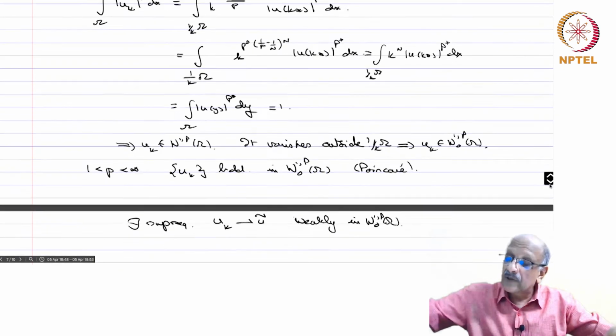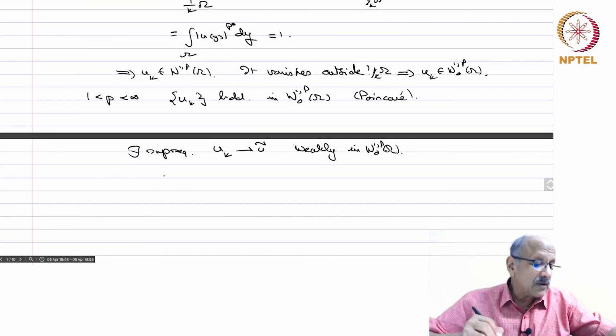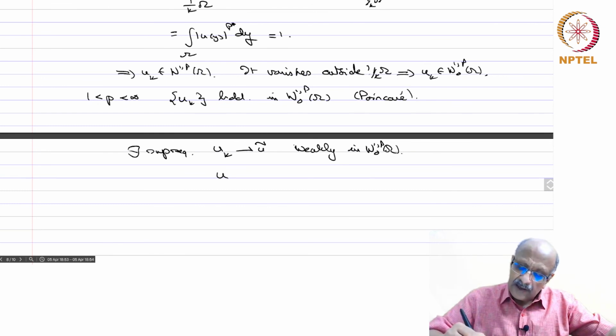If you have a bounded sequence in a reflexive space, then you have this. And by Rellich-Kondrachov, this converges to u tilde in L^p of omega.